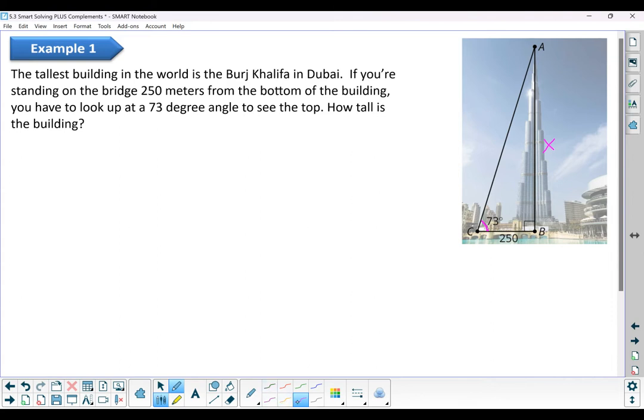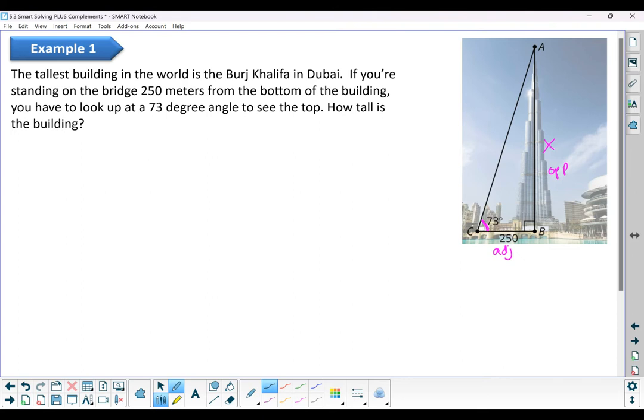So if we think about this triangle from the perspective of that 73-degree angle down here at the bottom at point C, this side that we're trying to calculate is called the opposite leg of the triangle. And the one that we know, that we're 250 meters away from the base of the building, is the adjacent leg of that triangle.